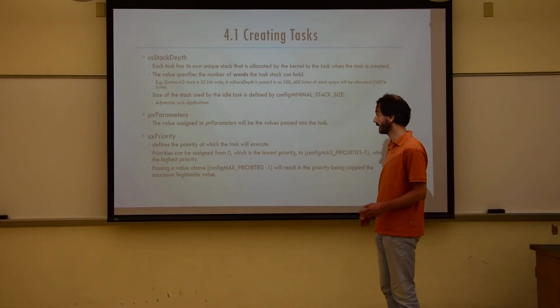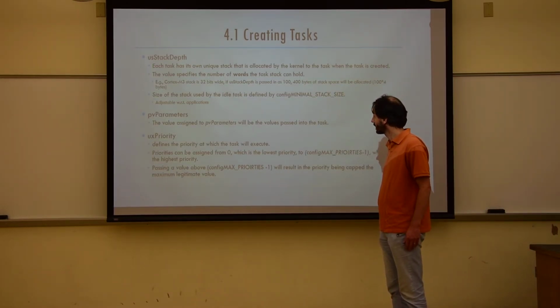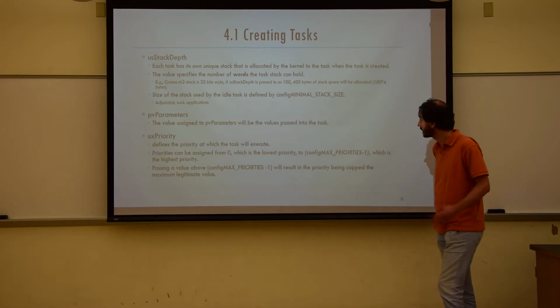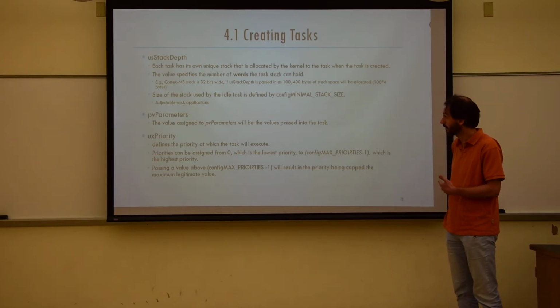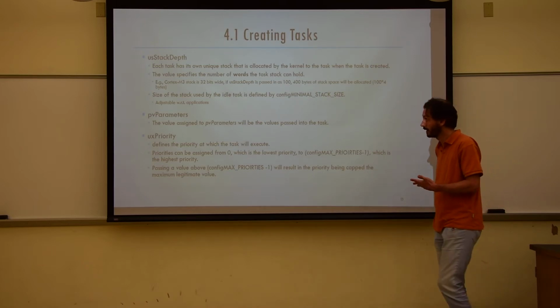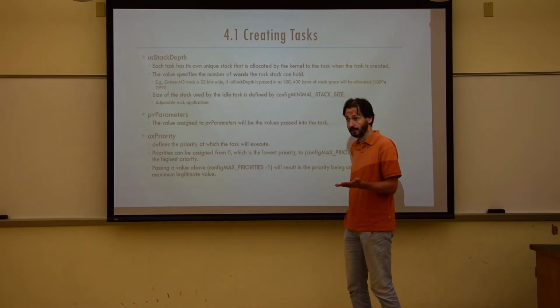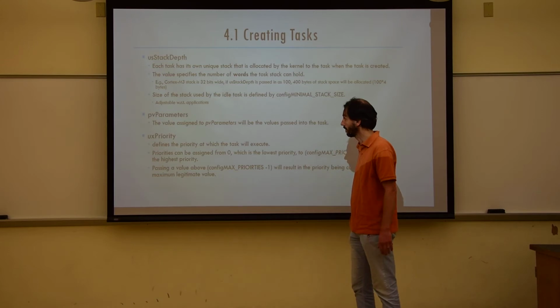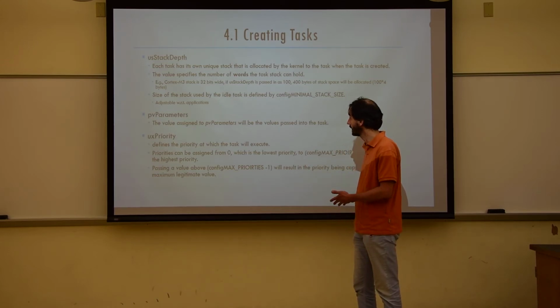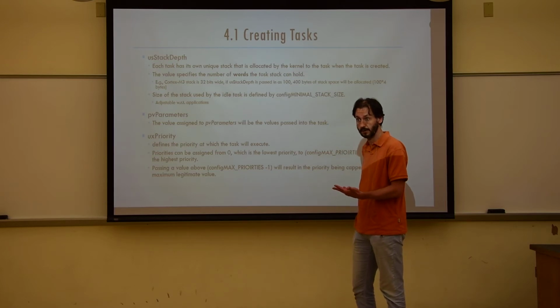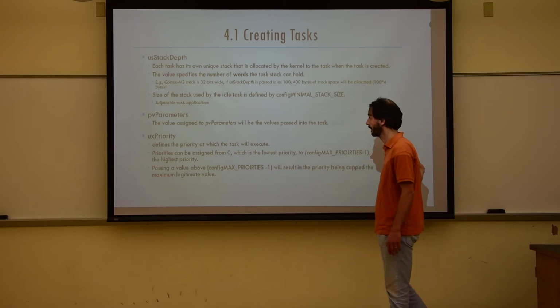Each task has its own unique stack that is allocated by the kernel to the task when the task is created. So effectively it specifies the number of words the task stack can hold. That depends a bit on your MCU, of course. So here is an example for a Cortex with 32 bits wide and so forth. So you can calculate how much size you will allocate for the stack.